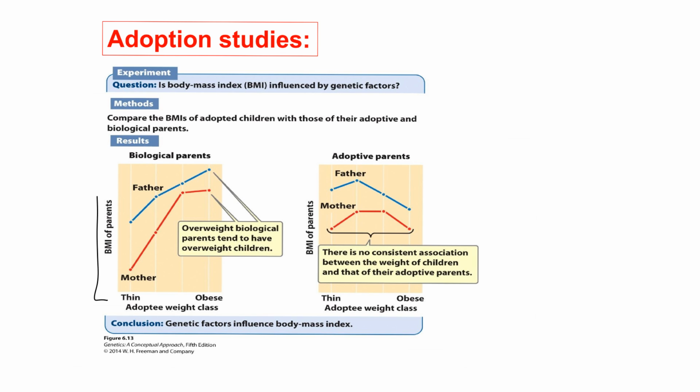So you plot BMI of children from low up to high, which you find in obese children, against the corresponding BMI in mothers in red or fathers in blue. And what does it tell you? You can see as BMI in adoptee increases, the BMI of parents increases as well. So there is some correlation, meaning that overweight biological parents tend to have overweight children.